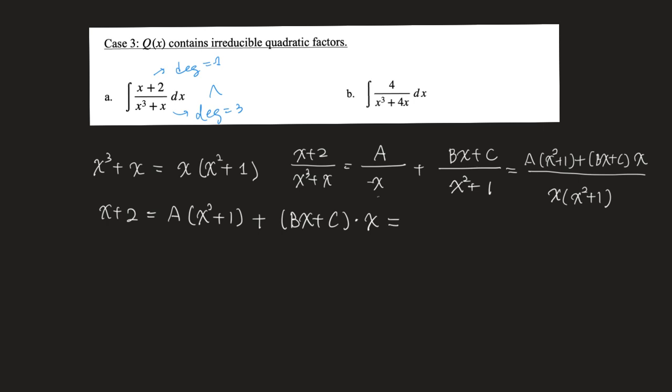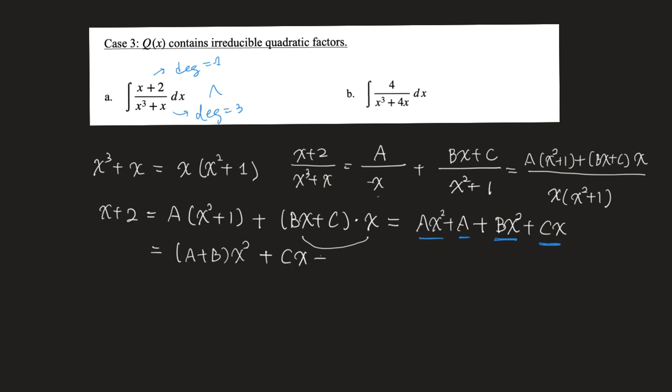Expand it: Ax squared plus A, plus distribute here, Bx squared plus Cx. Put the same terms together: Ax squared, Bx squared, so this is A plus B times x squared, plus Cx, plus the constant A.